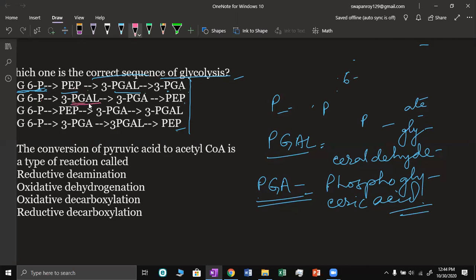From PGAL there is formation of PGA, and this PGA will form PEP, phosphoenol pyruvate, and this phosphoenol pyruvate will convert into pyruvate, the last product. You can see this one here.